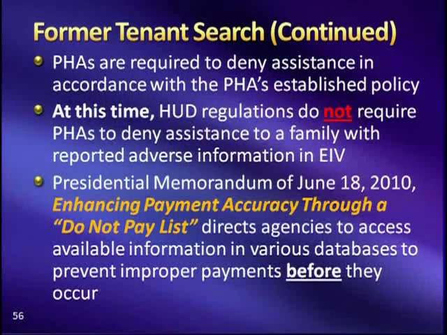You're also required to deny assistance in accordance with your PHA established policy. Notice here on the screen, the second bullet, at this time, HUD regulations do not require PHAs to deny assistance to a family with reported adverse information in EIV.